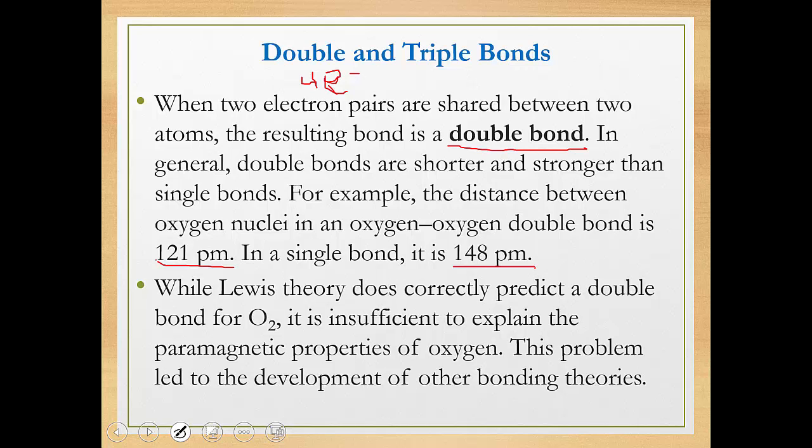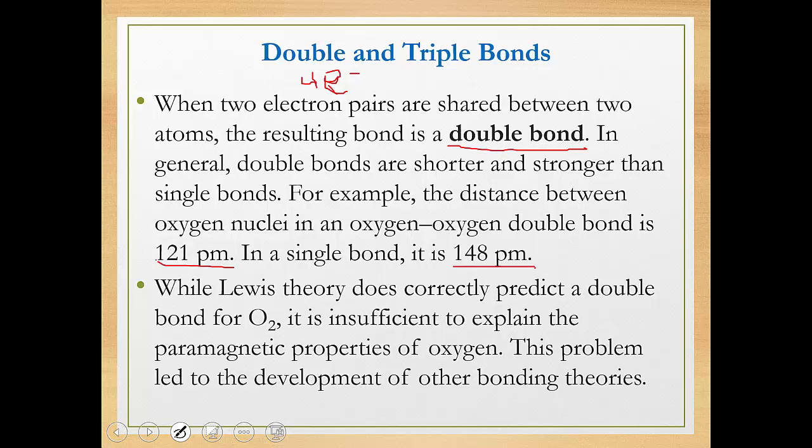Now, Lewis theory correctly predicts a double bond for oxygen, but what Lewis theory doesn't do is explain something known as the paramagnetic property of oxygen. Oxygen has some very interesting properties that Lewis structure just didn't predict.